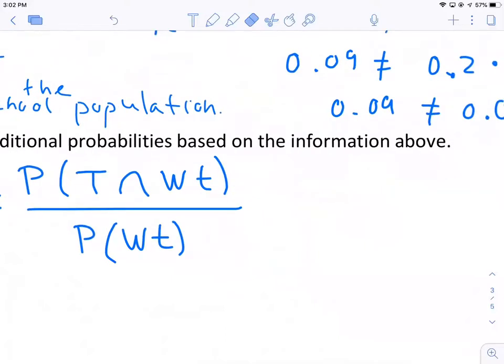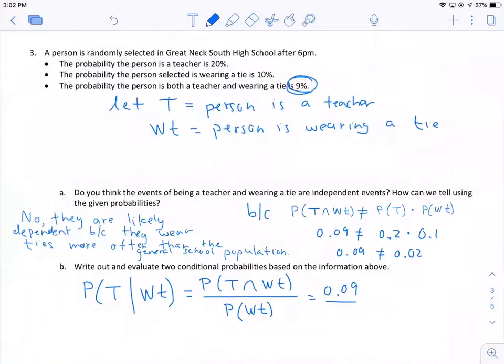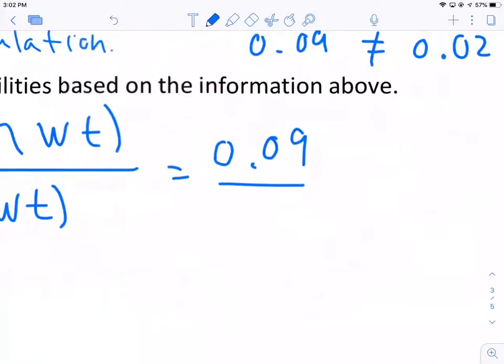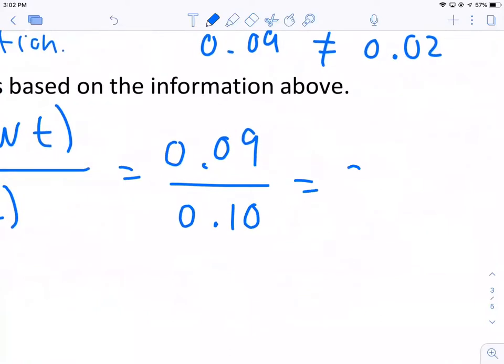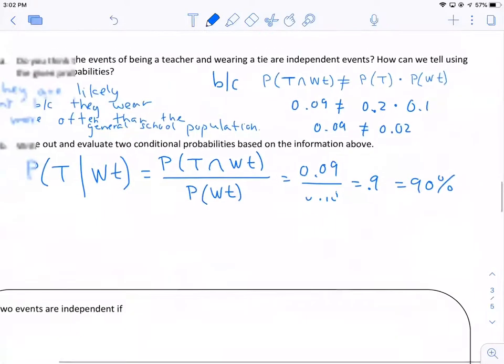So probability of teacher and wearing a tie was 0.09. And there was a 10% chance that the person was wearing a tie. So if you calculate this, this is 90%. That's 0.9. So hopefully that makes sense, because given that the person is wearing a tie, there's a 90% chance that person is a teacher, right?